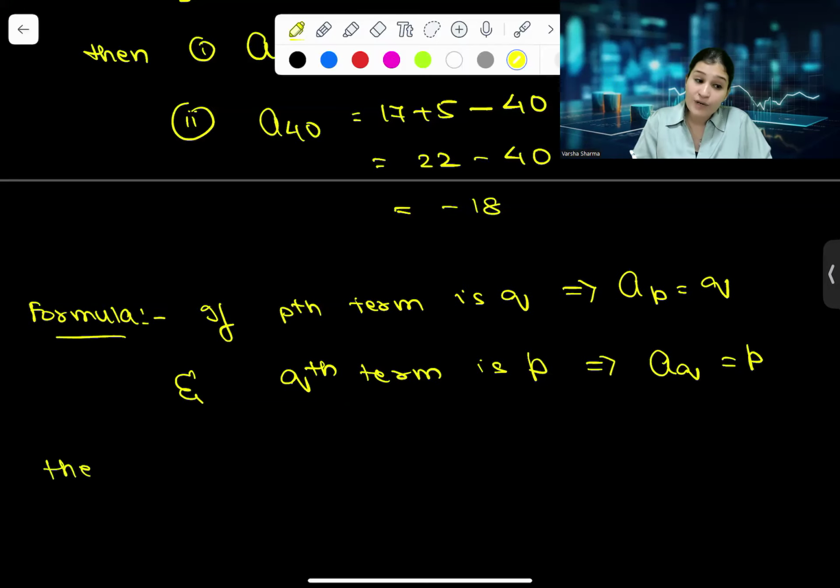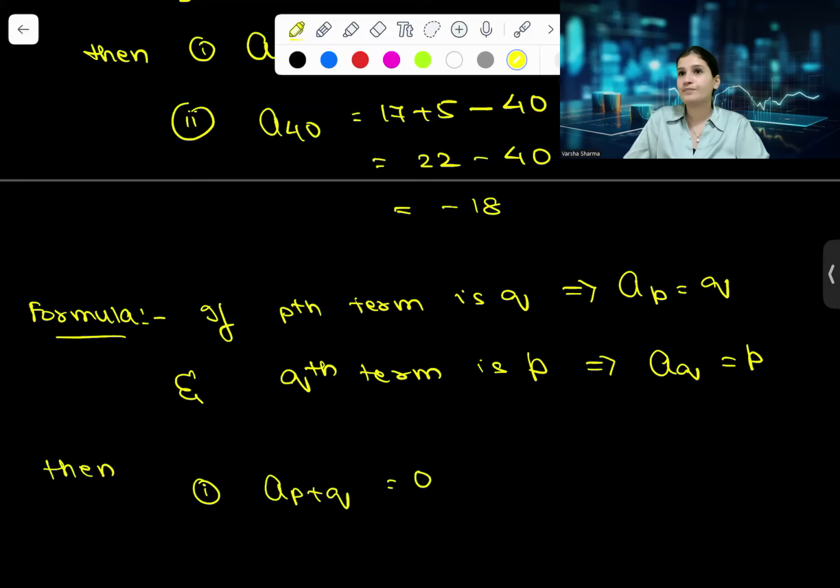Then according to what we saw in the above example, which term will be 0? AP plus Q. Very good. The sum of them, the P plus Qth term, will be 0.